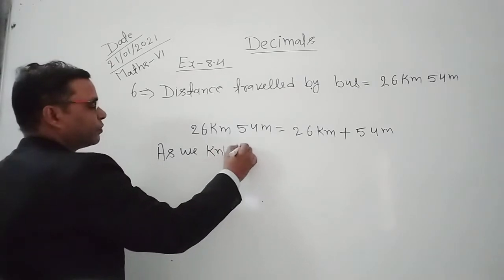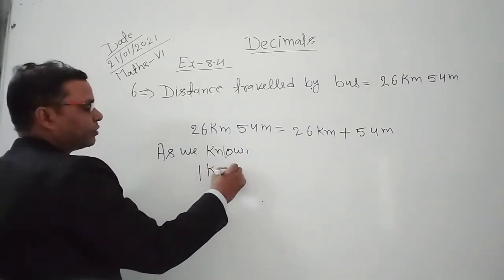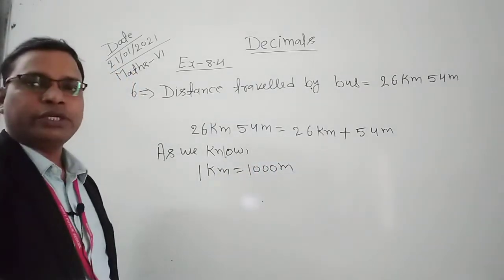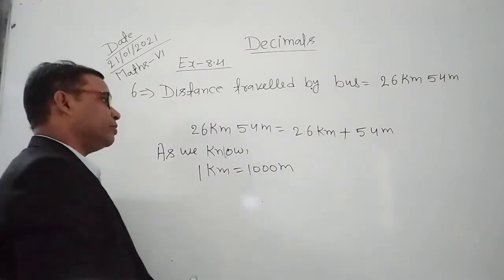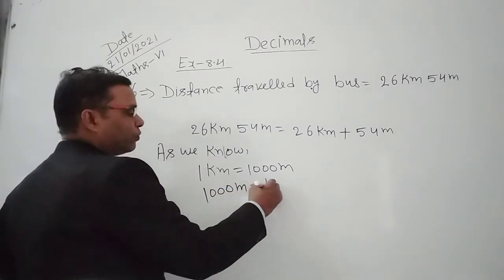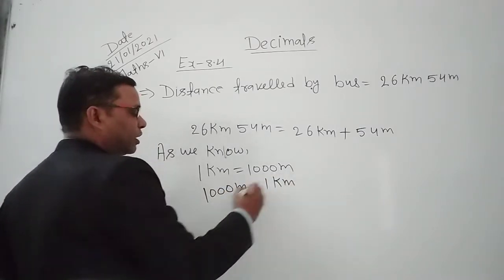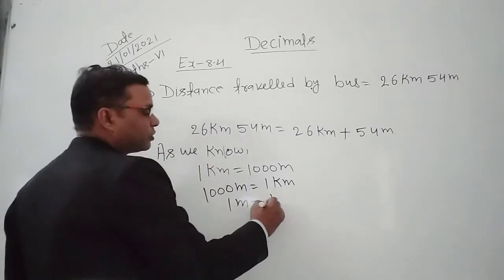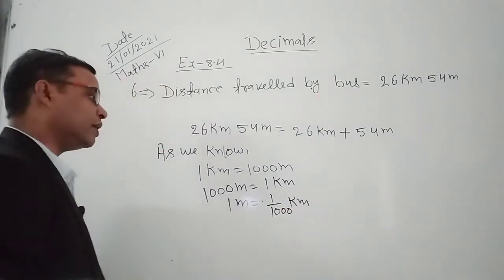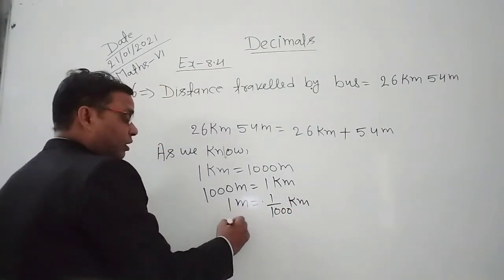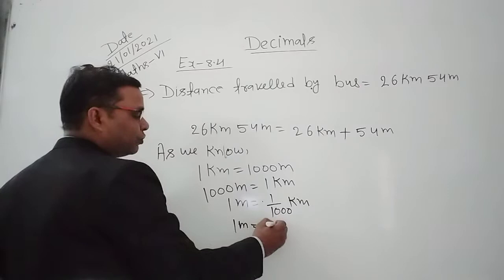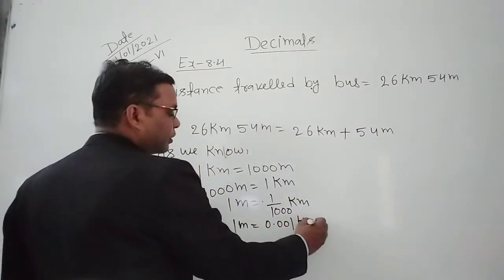As you know, 1 kilometer is equal to 1000 meter. 1 kilometer is equal to how many meter? 1000 meter. Or you can write 1000 meter is equal to 1 kilometer. 1 meter is equal to 1 by 1000 kilometer. This is clear. Now if you convert in decimal, then you get 1 meter is equal to 0.001 kilometer.